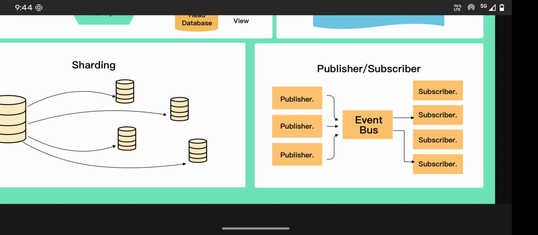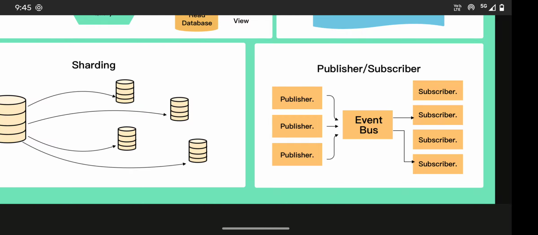The other thing is the publisher and subscriber event bus. Nowadays we can never imagine any system design without event driven architecture. Most systems are actually using this event driven design pattern.